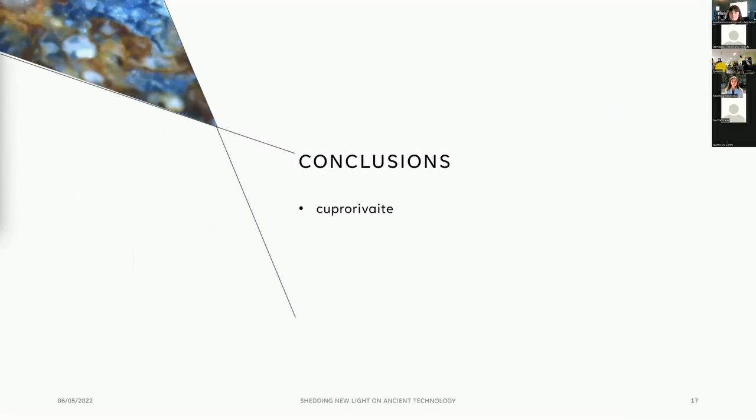So, by combining synchrotron-based micro-XRF, micro-XANES, and the laboratory-based analysis that we carried out, including optical microscopy, SEM-EDS, and micro-Raman spectroscopy, we were able to determine most of the phases present in the complex matter of Egyptian blue.